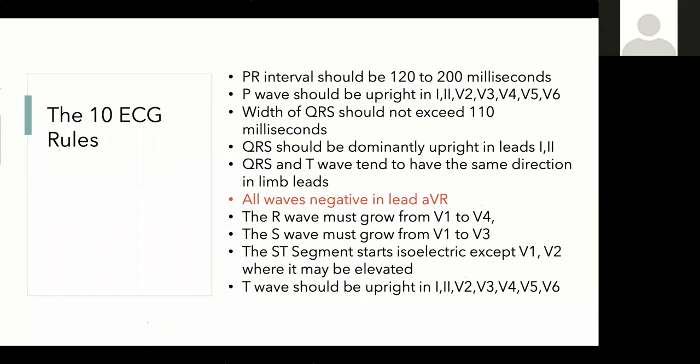My point is about the S wave. It is written that the S wave must grow from V1 to V3. So you will see it progressively getting bigger. In V1 it is smaller, and then in V3 it gets deeper. So V3 is the deepest.